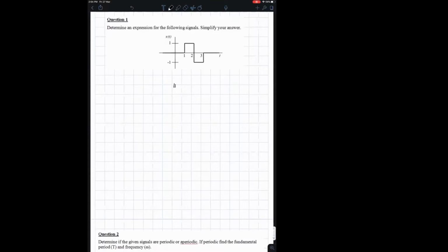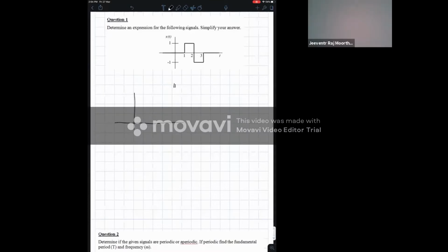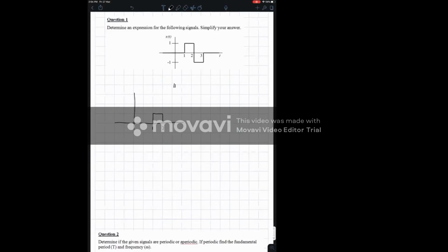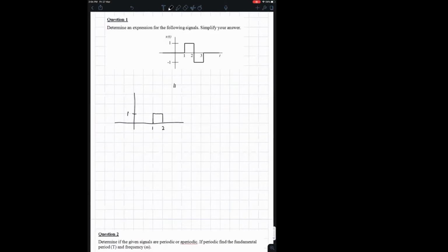This is the positive part of the signal, going from 1 to 2. We call this x1(t), with amplitude 1, and the negative part of the signal we call x2(t).